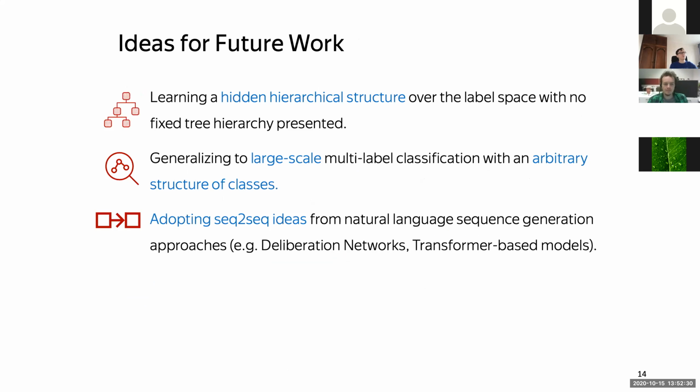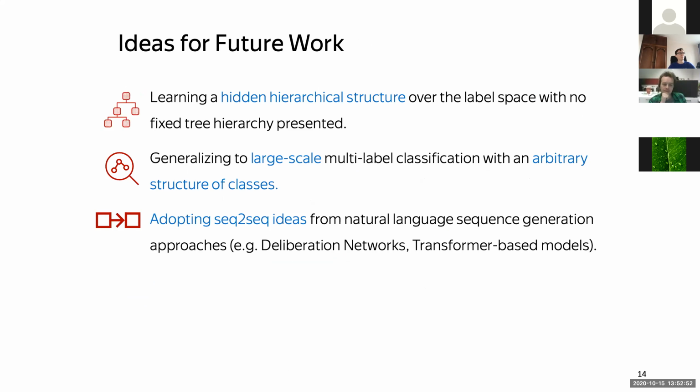Yeah, and just a small slide here with ideas for future work. I think one of the interesting lines of work would be learning a hidden hierarchical structure over the label space where no such hierarchy is presented.